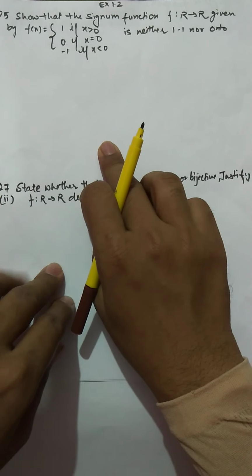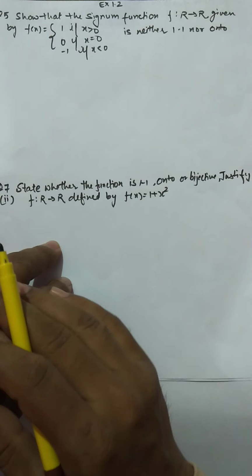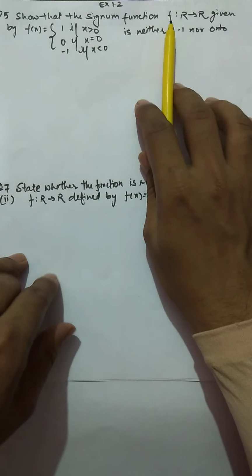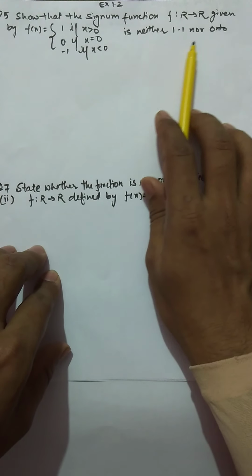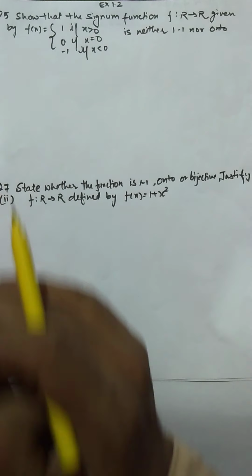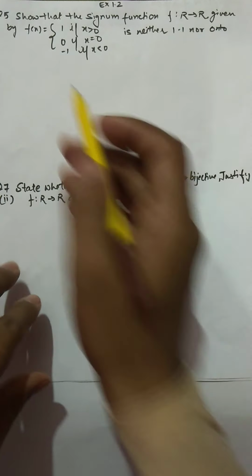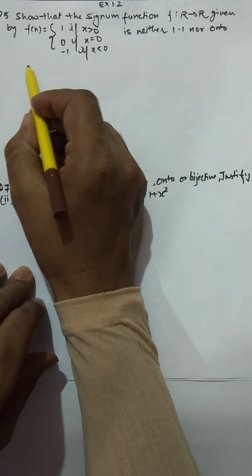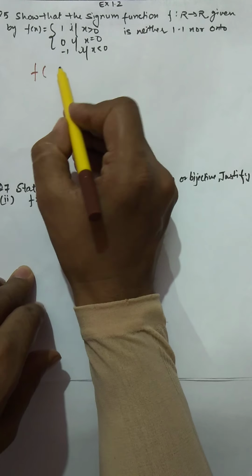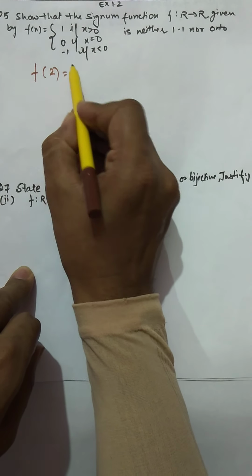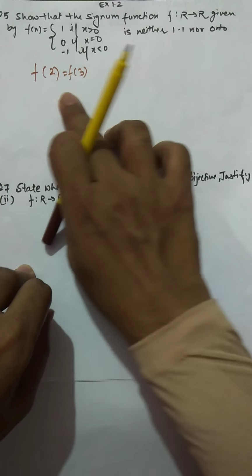Now take question number 5 of exercise 1.2. Show that the signum function f from R to R, given by f(x) equal to this, is neither one-one nor onto. If I want to show that this is not one-one, it's very simple to take an example: f(2) and f(3) both will be equal to 1.